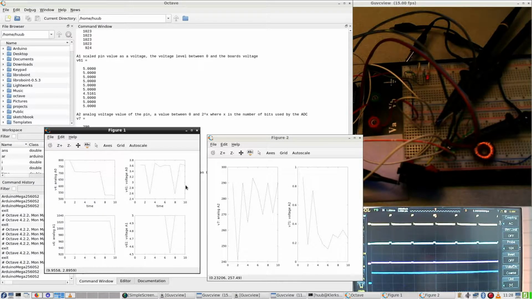Quite odd. But also I have put the probes differently than last time, and now you can see that this one is all high, 5 volts, which is coming from the resistor here, which is now connected again to the 5 volts.